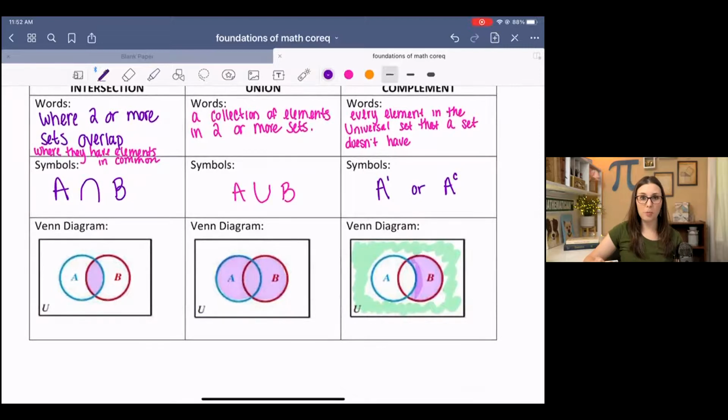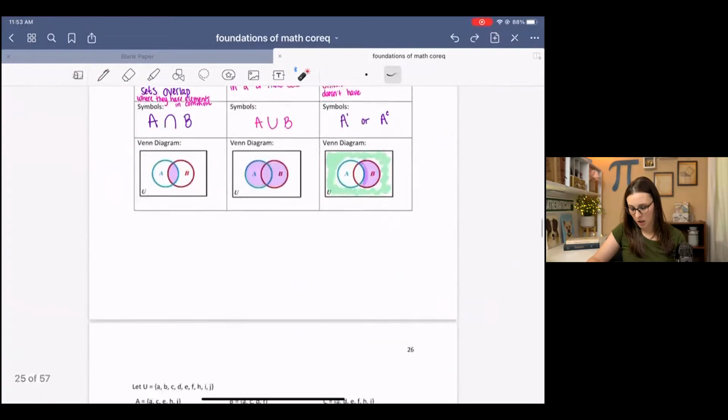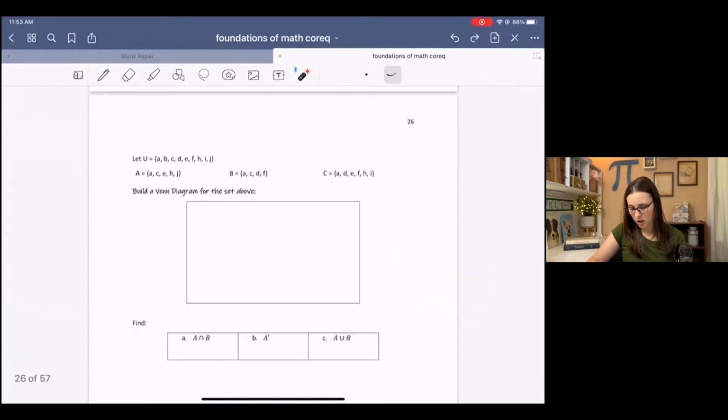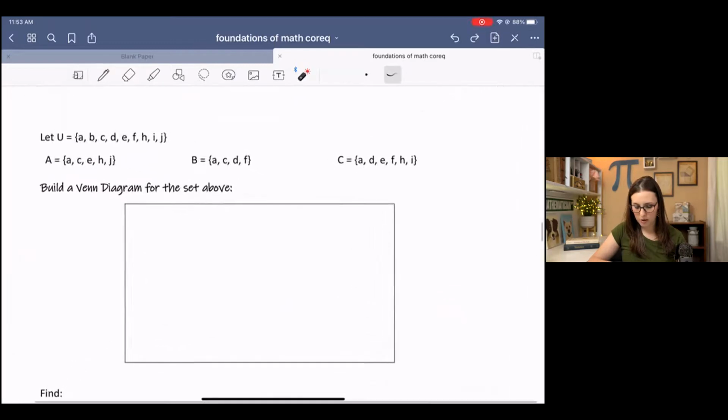Those are the set operations that we're covering in this lesson. So hopefully the visual helps. I did not mean to do that. The visual helps you see what we're talking about there, and that can help you in examples like the one down here as you figure some stuff out.